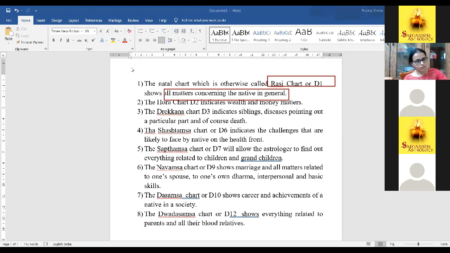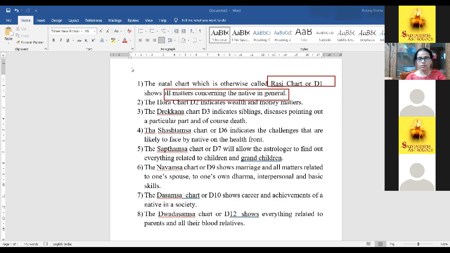Now the concept of divisional charts is this: D1 shows more than 1,000 kinds of events. Every house will show at least 100 events if we watch carefully. So you can predict at least 100 events from one house, and for the whole chart you can go on predicting more than 1,000 events.